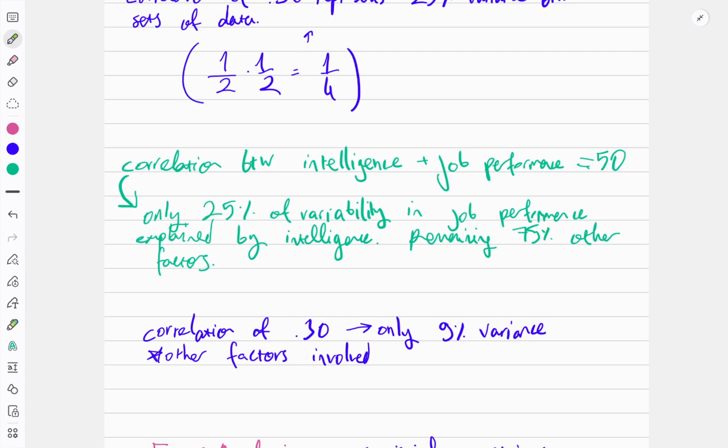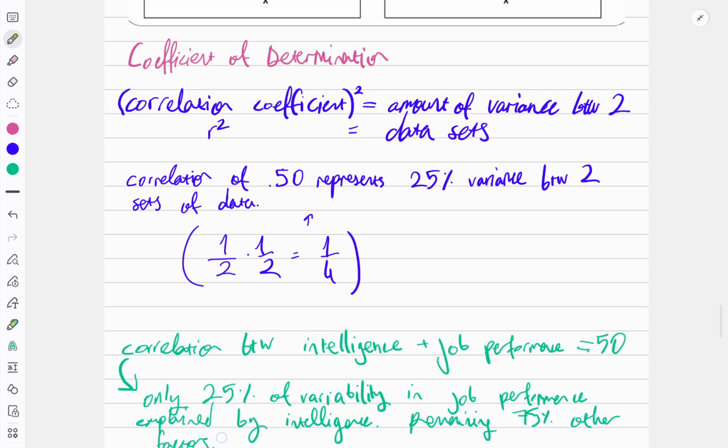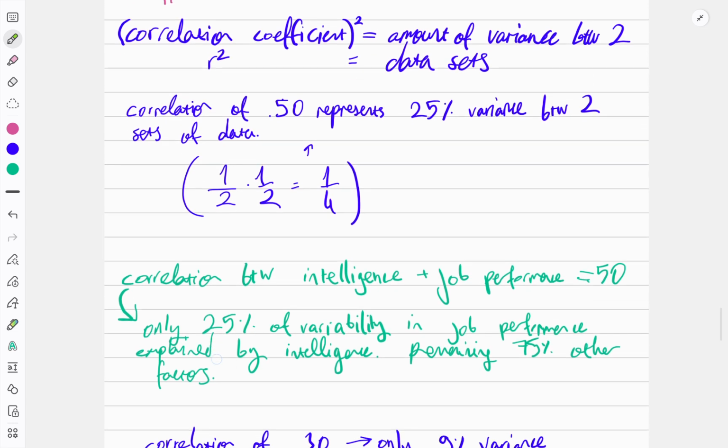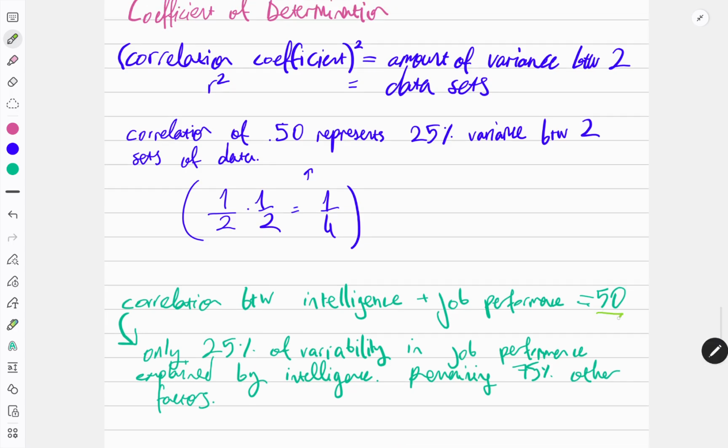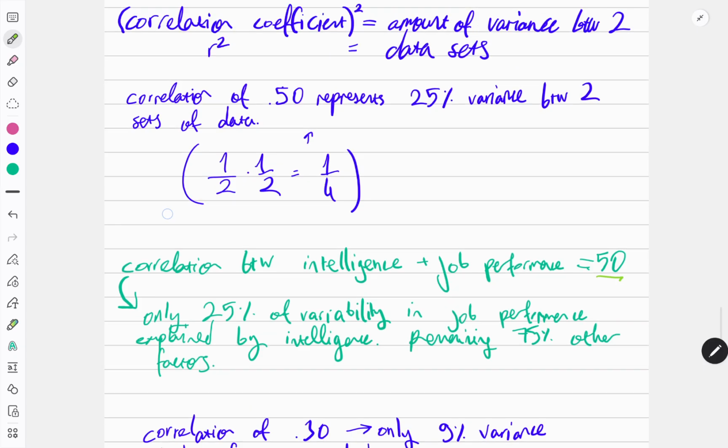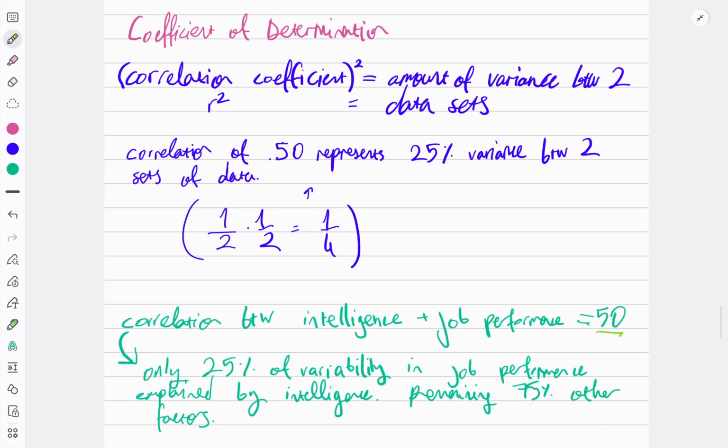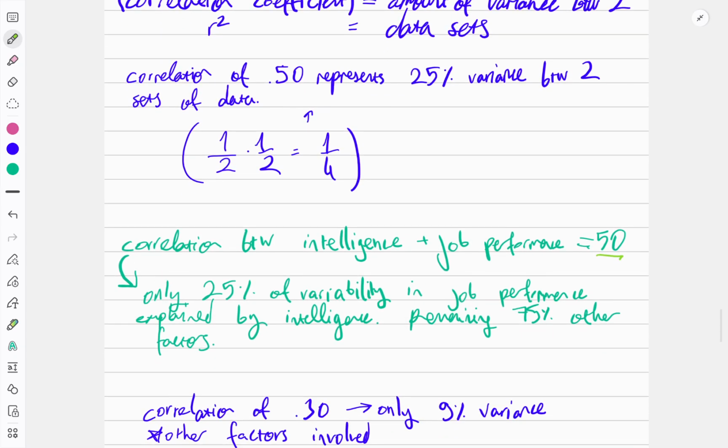And then what we find is a 0.5 correlation coefficient in our data, which means that we can only explain 25% of the variability in job performance based on intelligence.